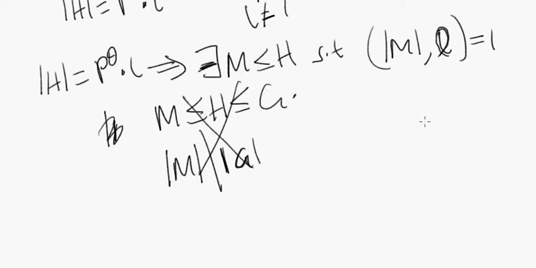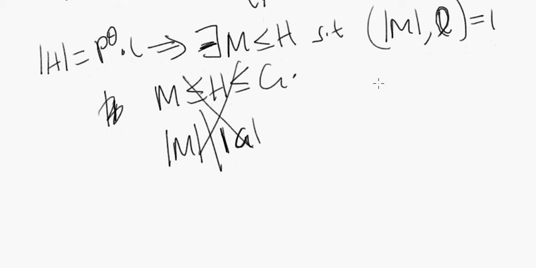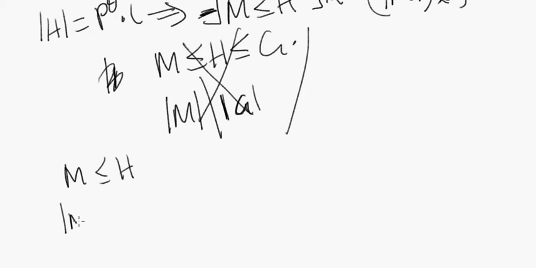But here's what we can say for sure. If we know that there exists some subgroup m of h such that the GCD of the order of m and l equals 1, can't we conclude the following? If the order of m has nothing in common with l, and m is a subgroup of h, Lagrange's theorem tells us that the order of m divides the order of h.